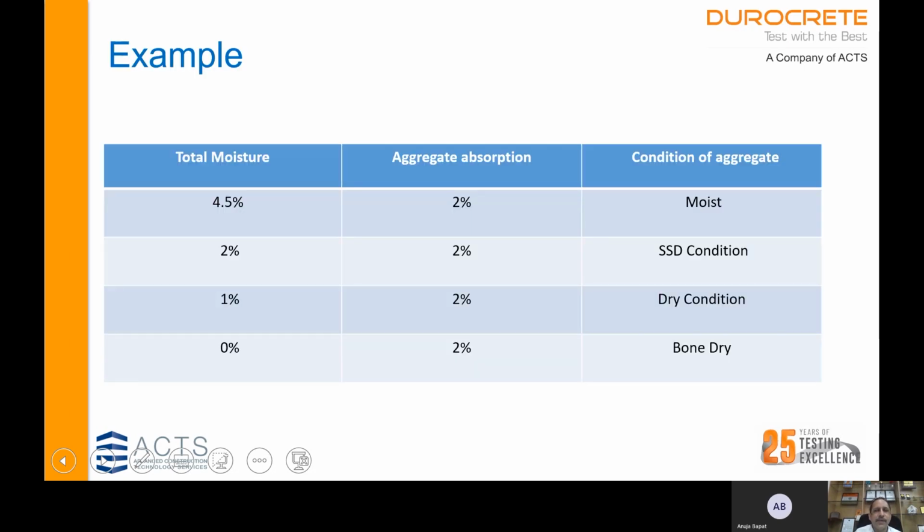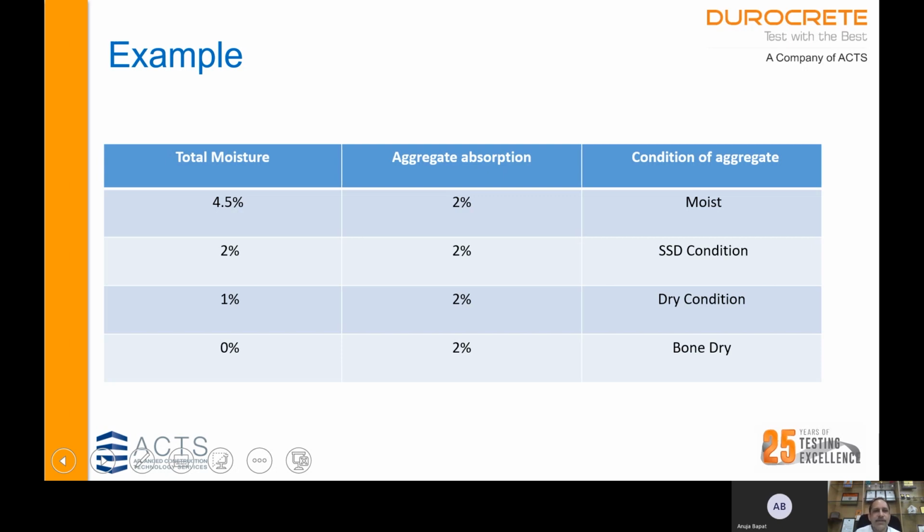If you look at this example, in the first case, the total moisture is 4.5%, aggregate absorption is 2%, and the difference between the two is 2.5%. So the aggregate is moist. You have 2.5% of excess moisture over and above the aggregate absorption. Second case, total moisture is 2%, exactly equal to aggregate absorption, so it is SSD condition.